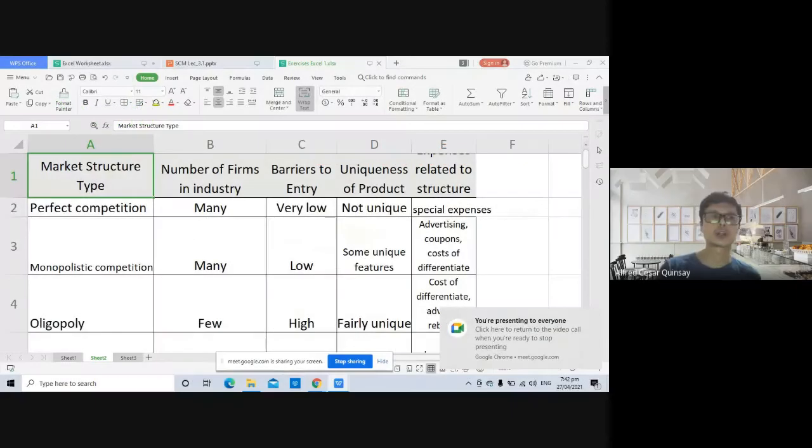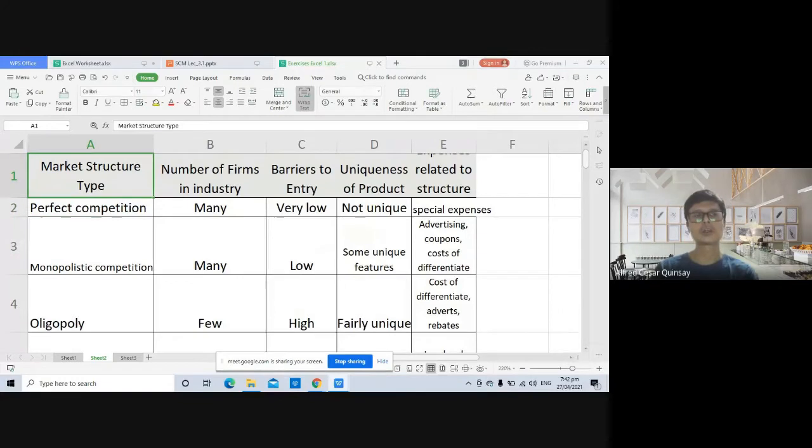Sa market structure, makikita natin dito nahati siya sa apat. Kailangan natin maintindihan dito kung saan nakapaloob yung isang company, or kung saan nag-ooperate itong company na to.